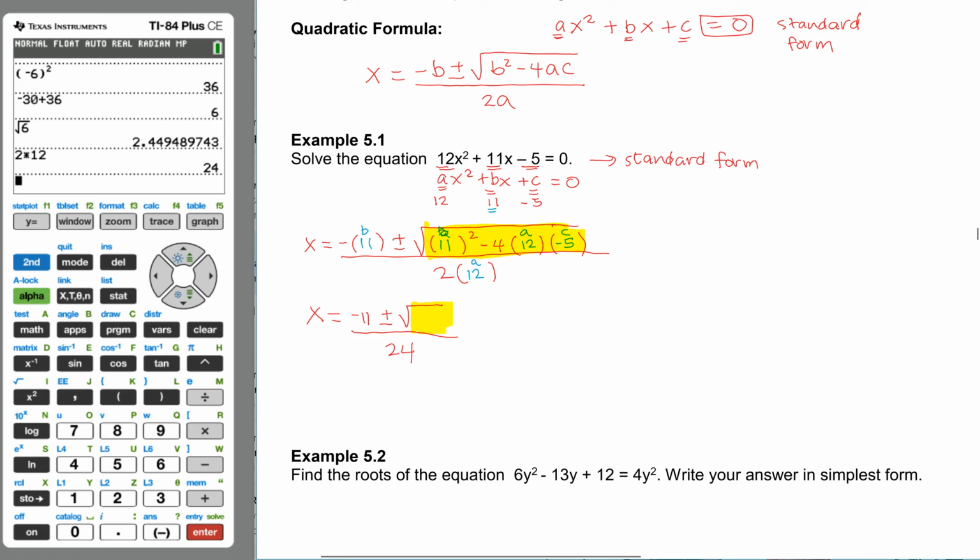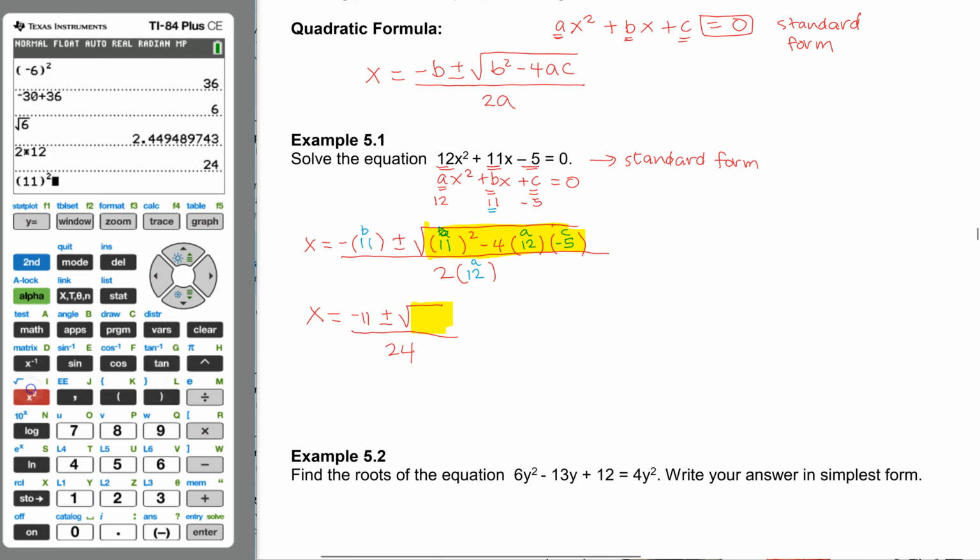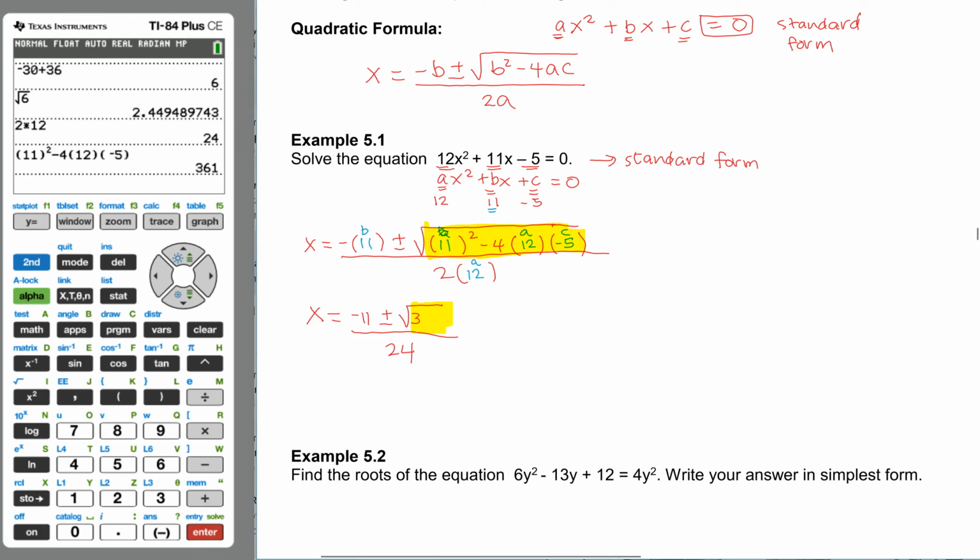So enter everything inside the square root: parenthesis 11 squared minus 4 parenthesis 12 parenthesis, then parenthesis negative 5 parenthesis. Press enter, and this gives you 361.